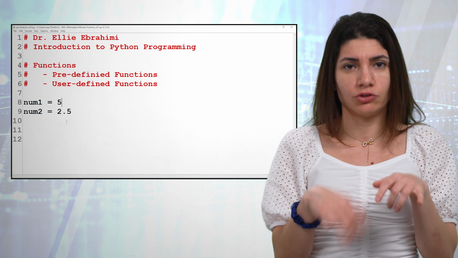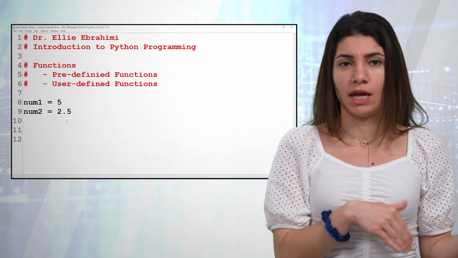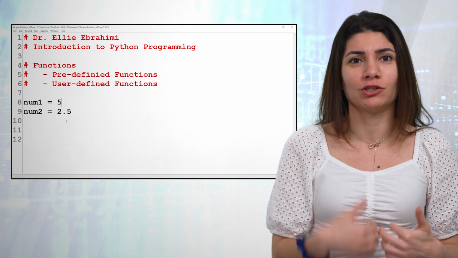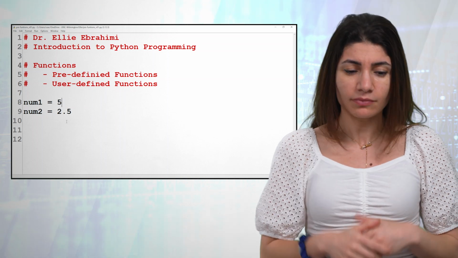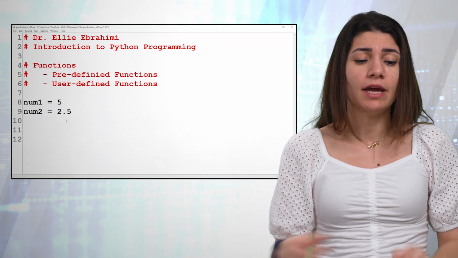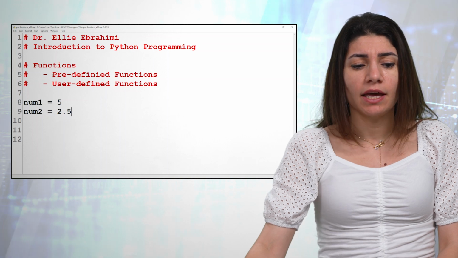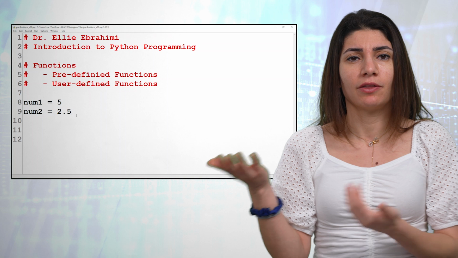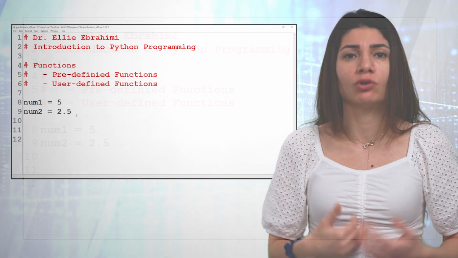Should I go ahead and type each one's name to see the value of them? No. There should be an easier way for us to see the values if we want to, right? To do that, there is a predefined function that we can use that displays the value that you want. It is called print.